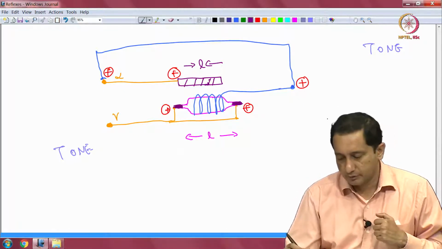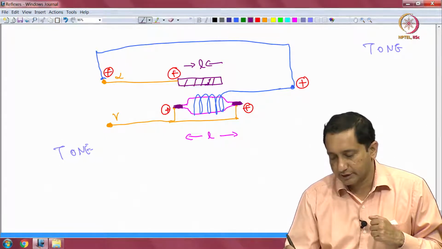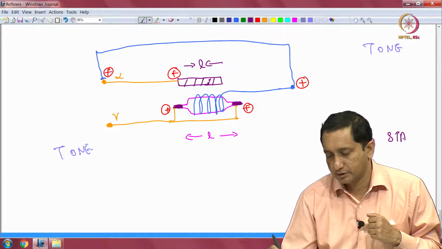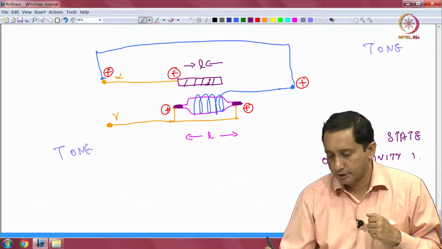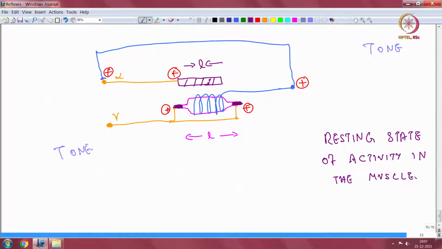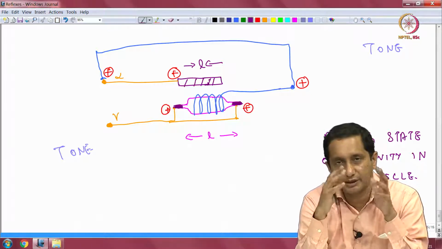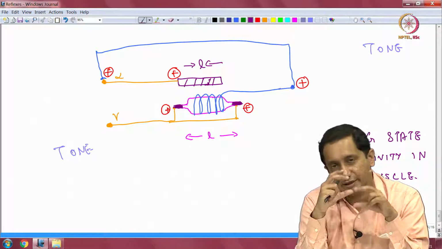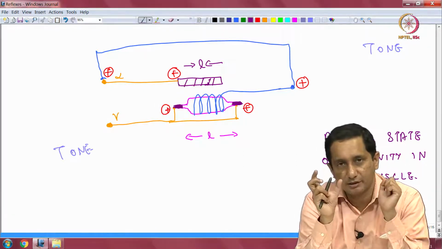The phenomenon of tone, as I told you, is something like a resting state of activity in the muscle. These neurons have a baseline state of activity, and that is responsible for a state of activity of the muscle, and what is actually changing during muscle action is a change in tone and a change in length.